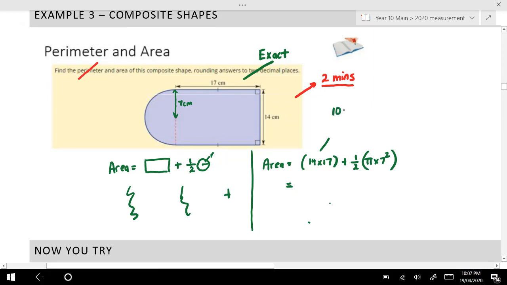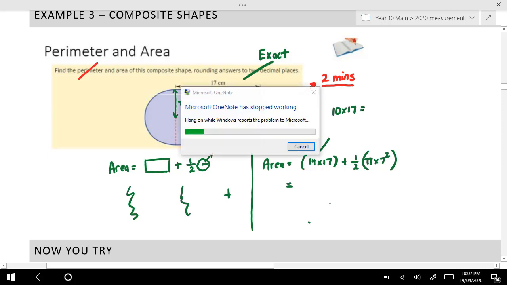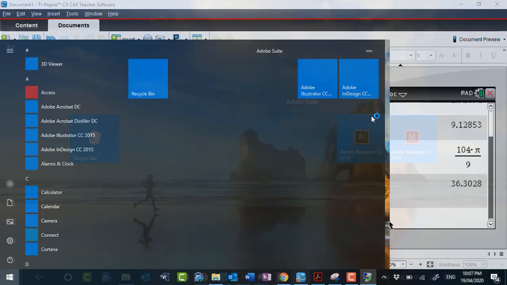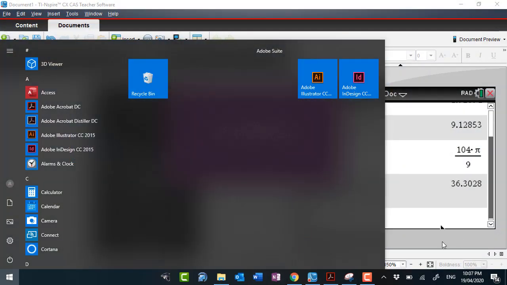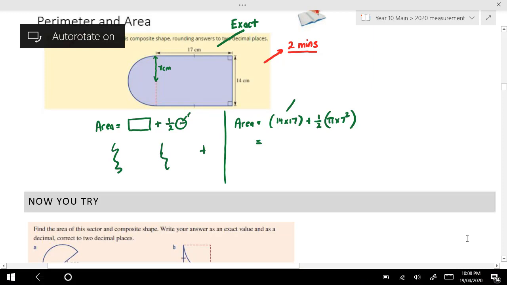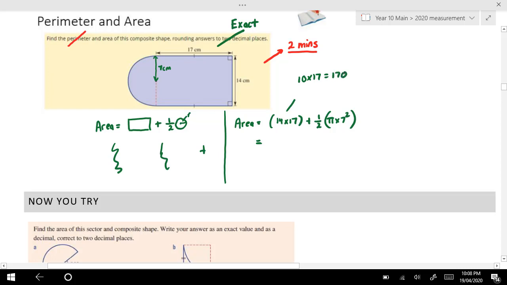Well, if I add 10 times 17, we know that that's 170. Okay, bit of a problem there. Let's just pause. All right, let's try again. Computer issues. So we were saying 10 times 17 is equal to 170.